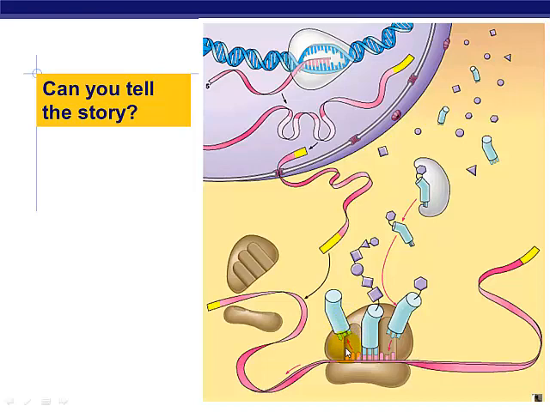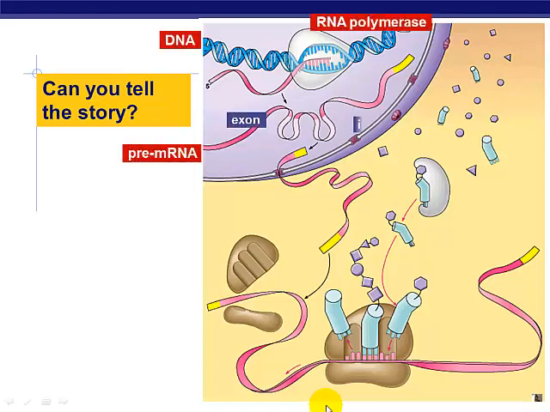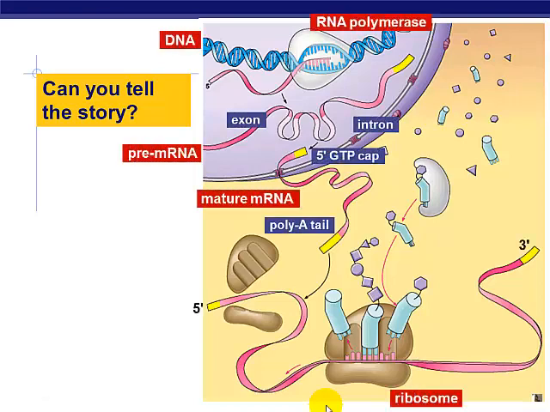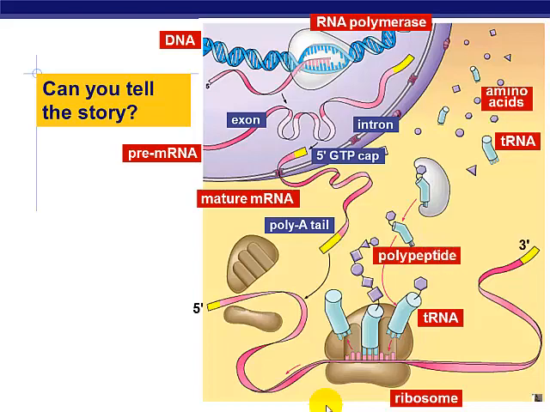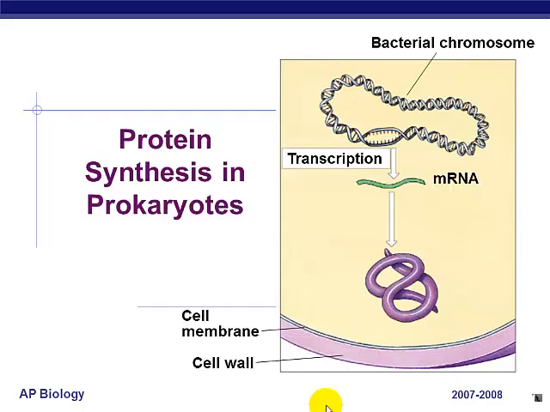The tRNA anticodon is matching up to the mRNA codon. And then, what is tRNA bringing to the party? Amino acids. And after I bring the amino acids, I'm hooking them together to form a polypeptide chain, which is a protein. We got it. You figured it out.